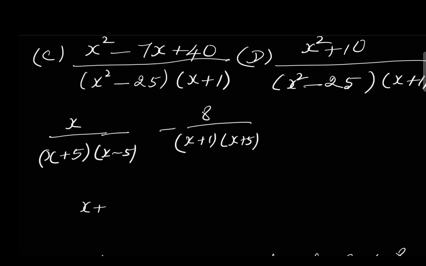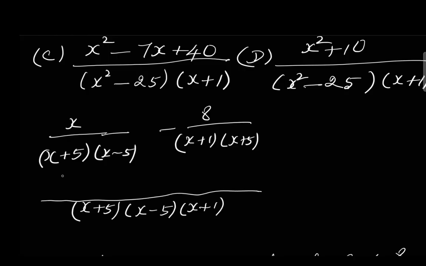So x plus 5 is common, x minus 5, x plus 1. So x plus 5 here, x minus 5 here. So you will get x plus 1. So x into x plus 1 minus 8 into x plus 1 goes off, x plus 5 goes off, x minus 5.